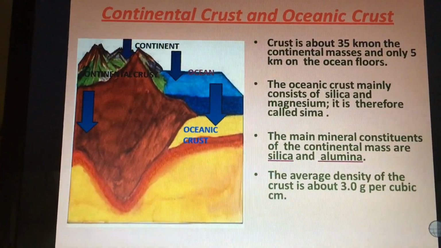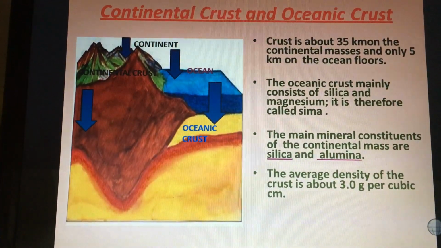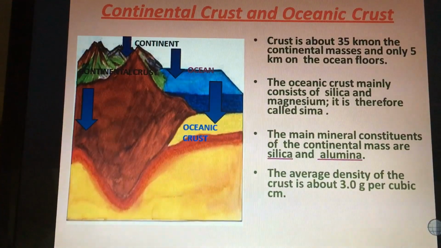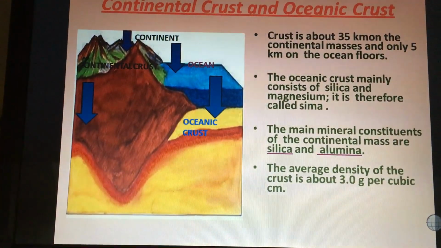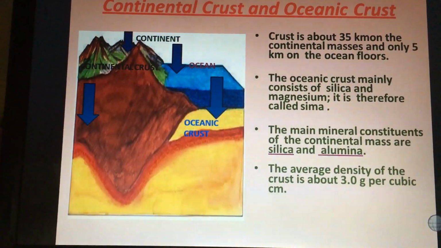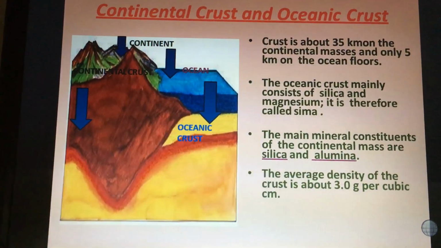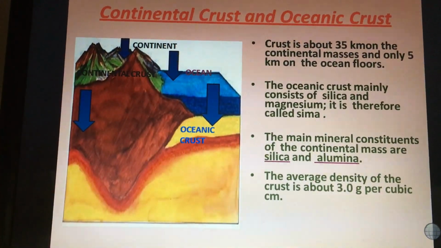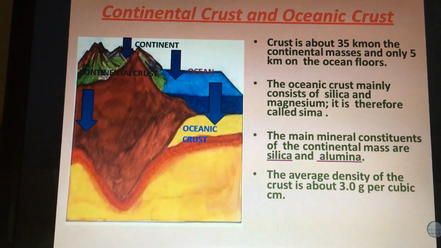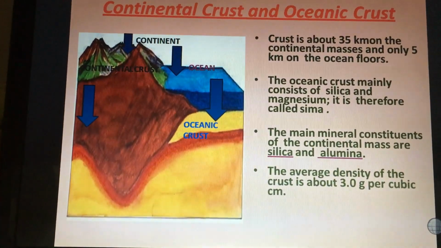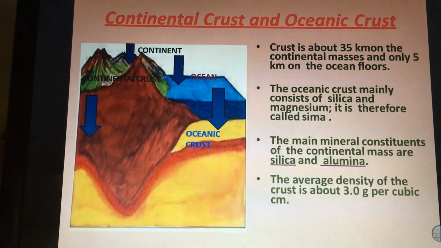The oceanic crust mainly consists of silica and magnesium. It is therefore called SIMA, a combination of silica and magnesium. The main mineral constituents of the continental mass are silica and alumina, and the average density of the crust is about 3.0 gram per cubic centimeter.